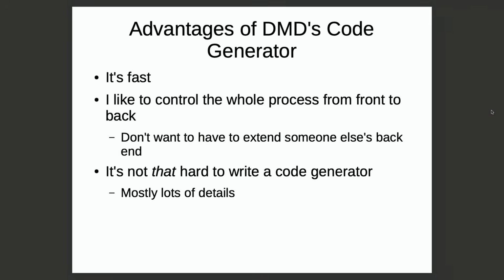So anyhow, DMD's code generator does have some advantages. For one thing, it's very fast. It turns out that DMD has kind of fallen into a niche: when you want to do rapid development of your algorithm and code, having a fast compiler is a big deal, and DMD fits the bill. The other thing is, you're not really a compiler writer if you haven't written a code generator.